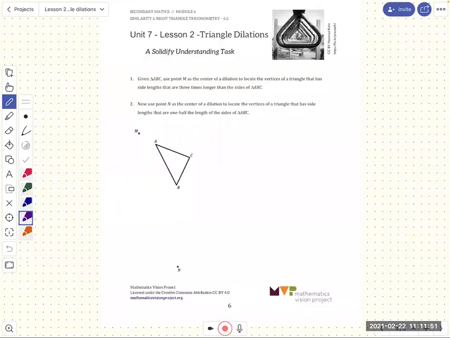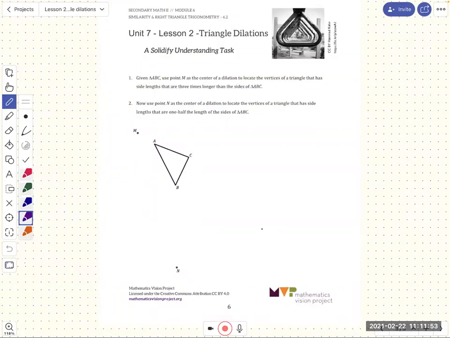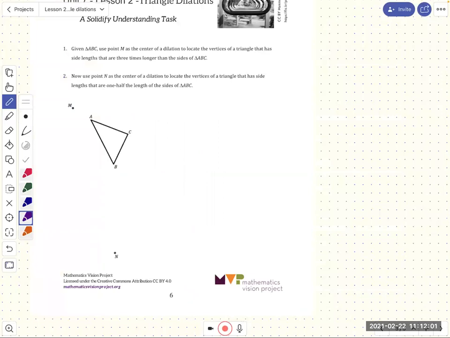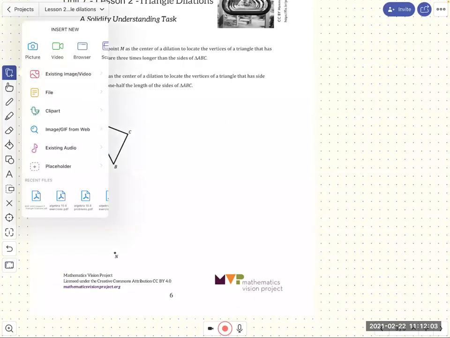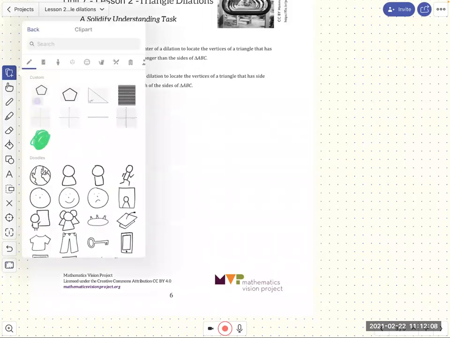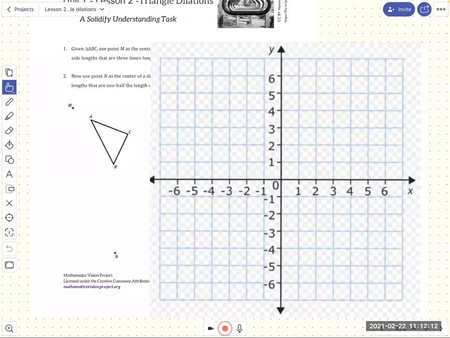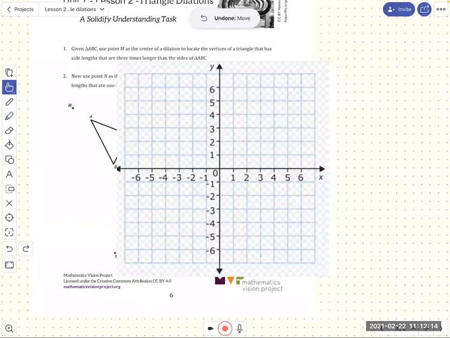Okay, so triangle dilations. So the thing about these dilations is that usually you can think about them more easily on a grid. Right? So you can think about them more easily being on a coordinate plane.